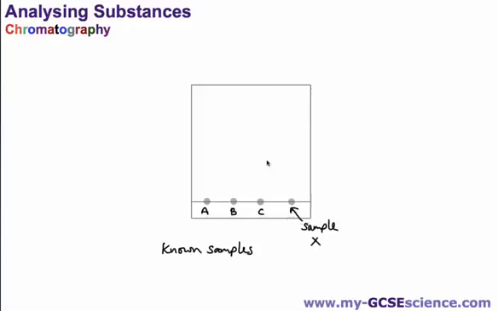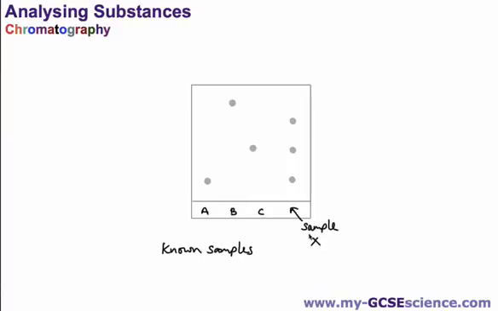So what we do is we carry out our chromatography as we've done on the previous slide, and after a while you end up with a pattern that might look a little something like this. Okay, so we've let it run for a little while, and the pattern ends up like this. Now what we can see here is that the sample does actually contain some of the known substances.